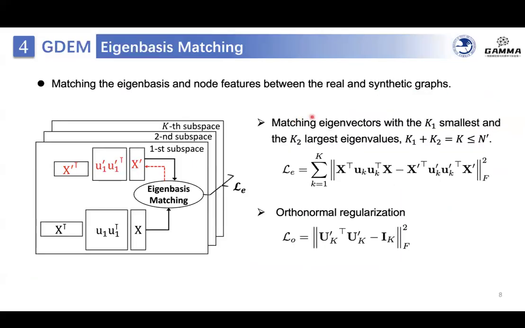So in our first matching objective, namely our eigenbasis matching, we exclude the weighting effect of G lambda and treat the eigenbasis terms equally during the matching.